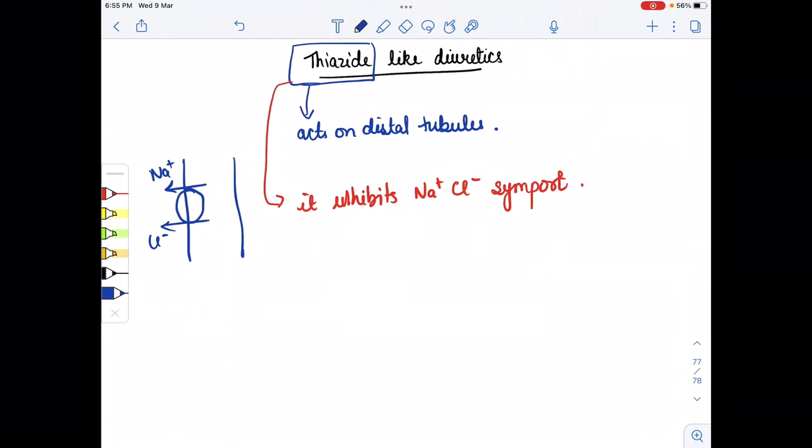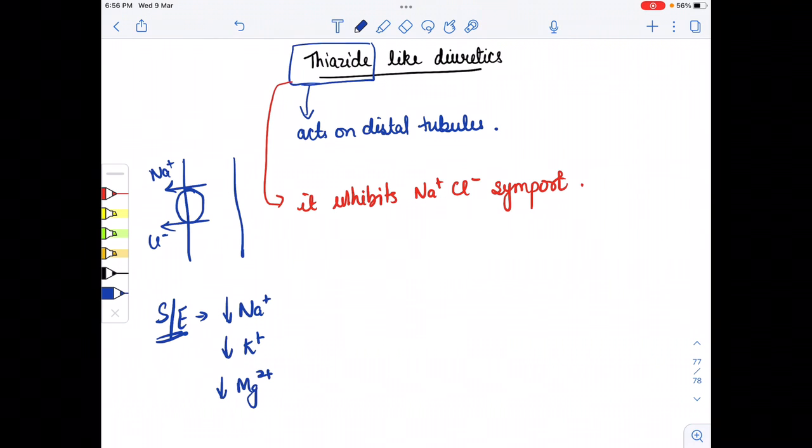that is, natriuresis occurs. Now I am going to tell you about the side effects of thiazide. In the side effects, there is a decrease of sodium in the blood, a decrease of potassium, a decrease of magnesium, and also a decrease of hydrogen in the blood.